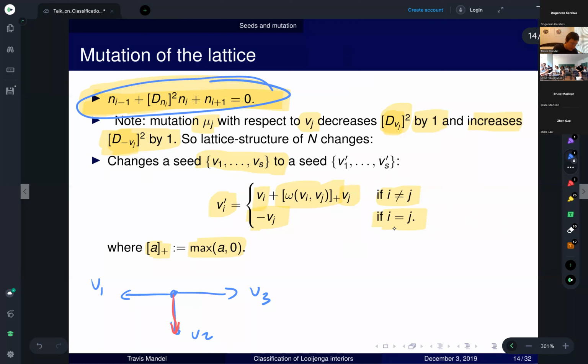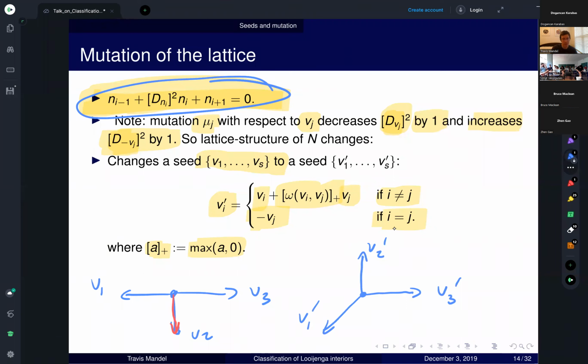After I mutate, V2 will be pointing this way. V3 will still be going the same direction because omega of V3 with V2, you do your right-hand rule, figure out that that's negative. So this is V3 prime, V2 prime, but omega of V1 with V2 is equal to 1. And so V1 gets pulled down, gets pulled 1 into the V2 direction.